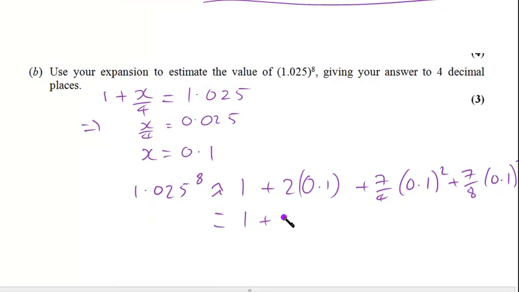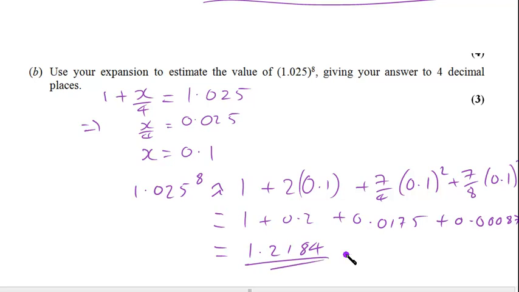So we get 1 plus 0.2 plus 0.0175 plus 0.00875, and that equals 1.2184.